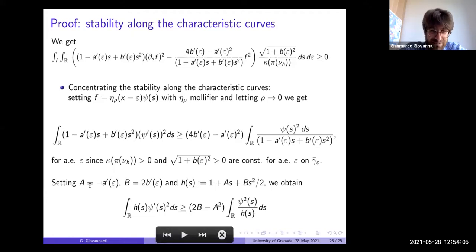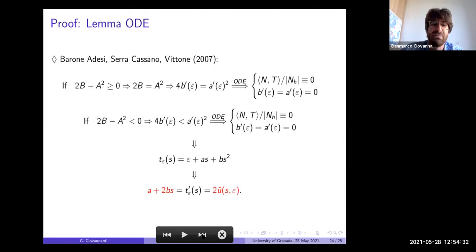And we recognize, if we call a capital A minus a prime and B, a capital B, 2b prime, and HS, this polynomial that appears here and also here, we have this formula that the second variation is indeed given by this formula. And now we can apply a technical lemma by Barone, Adesi, Serra Cassano, and Vittone.